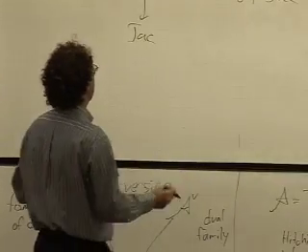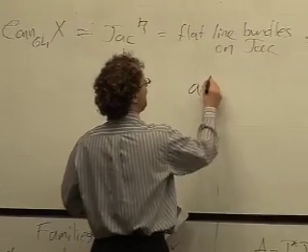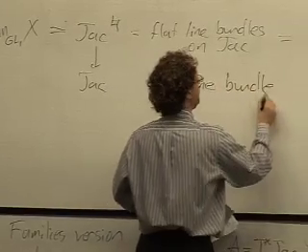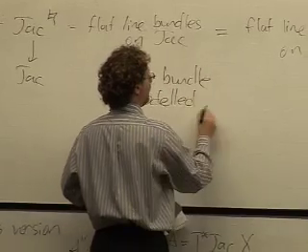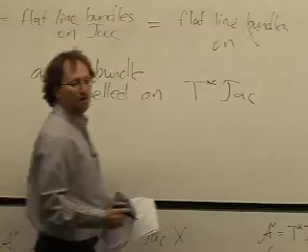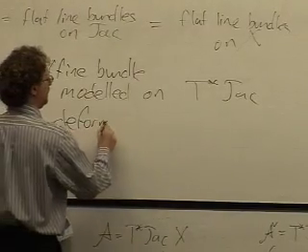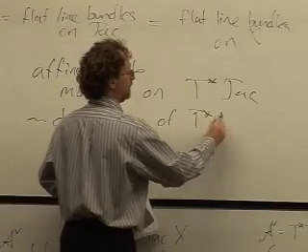And in fact, thank you, I should point out that this is an affine bundle which is modeled on the cotangent bundle to the Jacobian. So in fact, it's a deformation of the cotangent bundle of the Jacobian.